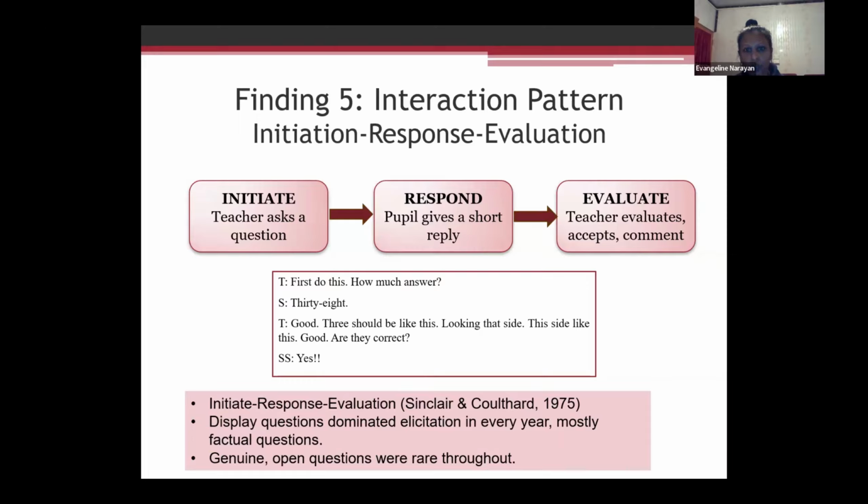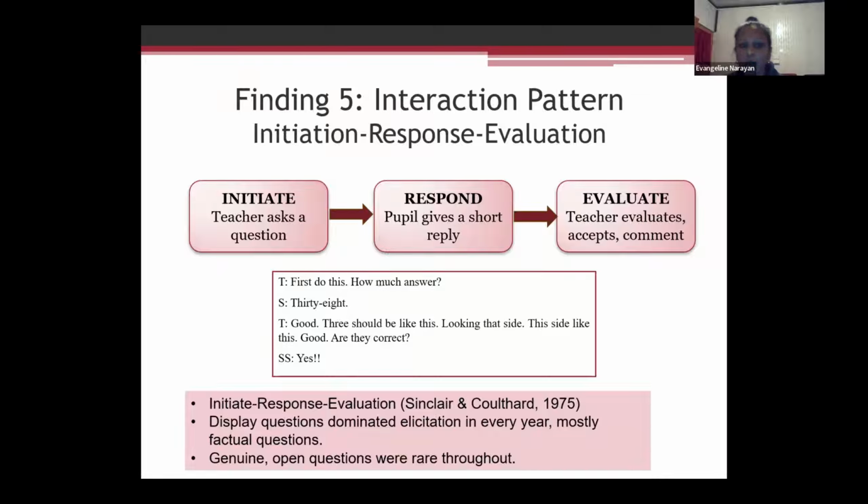The pattern that was observed was the teacher initiating the interaction, asking the question, the student responding, mostly giving short replies, and then the teacher evaluating or accepting or commenting on the response that she got. I've got an example here where the teacher asks a question, how much? Answer 38, and the teacher accepted the answer. Then it says, are they correct? And then the student said yes.